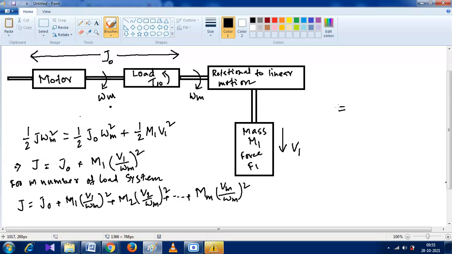To calculate power, we also have to consider the transmission efficiency. Suppose we consider here eta 1 as the transmission efficiency.